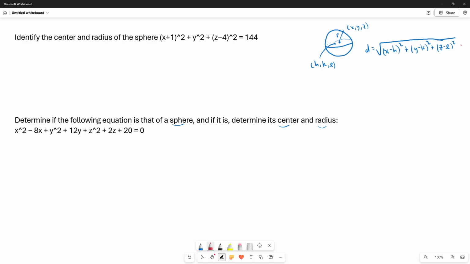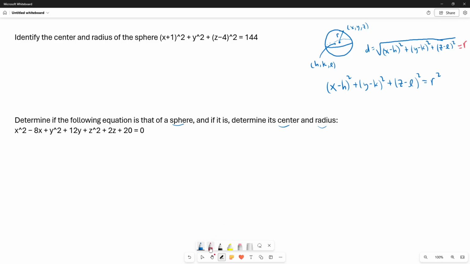So this is supposed to equal the radius of the sphere, and then squaring both sides gives us the equation of a sphere. (x − h)² + (y − k)² + (z − l)² = r².